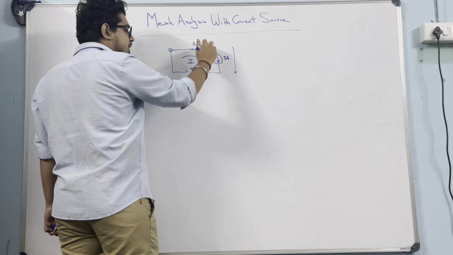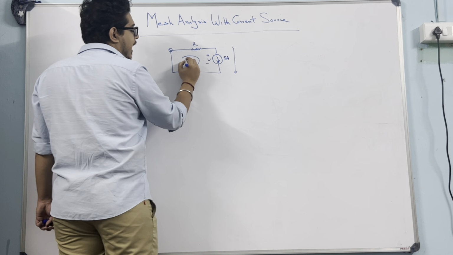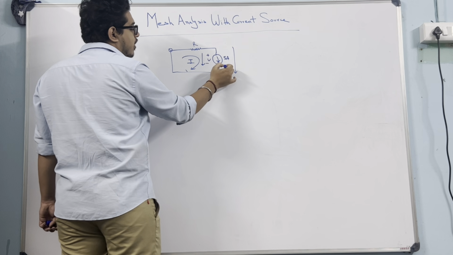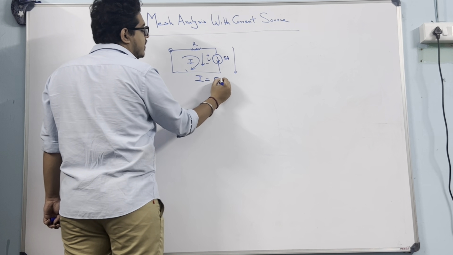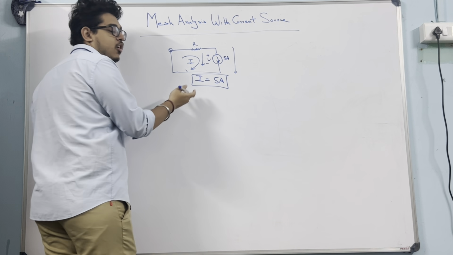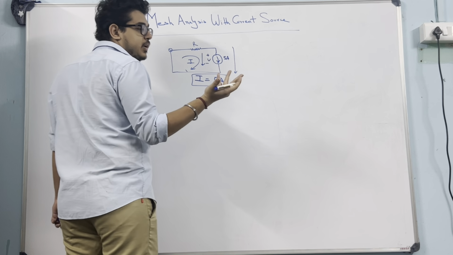I know that 5 ampere current is there in this circuit. I assume the direction of current to be like this, I, and the current is also flowing like this, 5 amperes. So simply I can say I equals 5 amperes. This is a way of writing an equation for current when a current source is present.